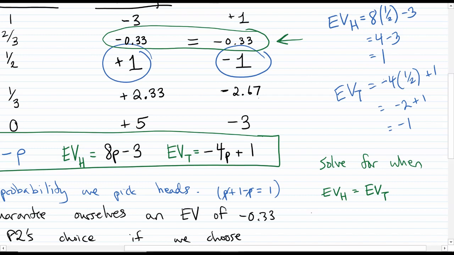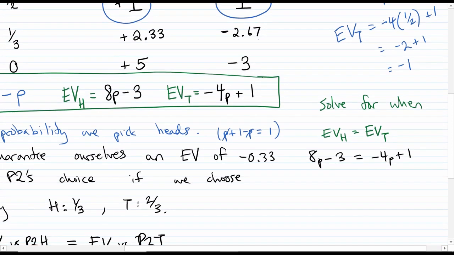So let's give it a shot. Let's solve these equations. 8p minus 3 equals negative 4p plus 1. You can add 4p to both sides. 12p minus 3 equals 1. I can add 3 to both sides. 12p equals 4. Finally, I can divide by 12. p is equal to 4 over 12, which is 1/3. And look at that.